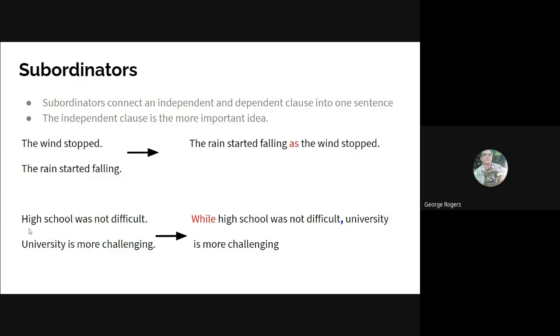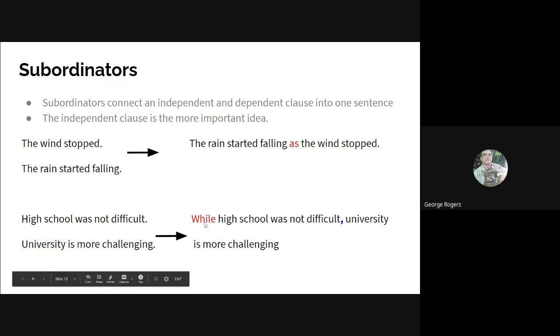Right? High school was not difficult. University is more challenging. So in this case, we're knowing the difference between the two.